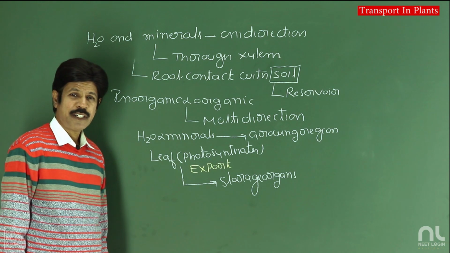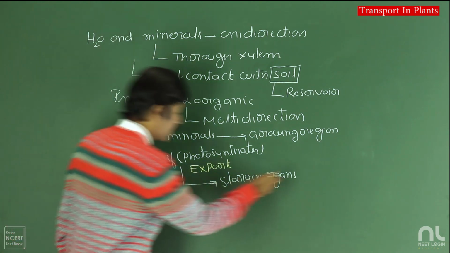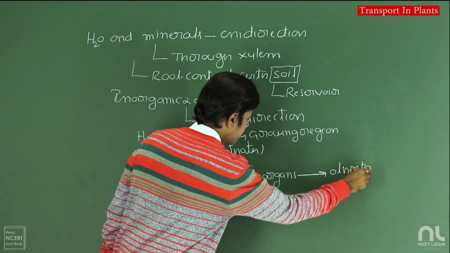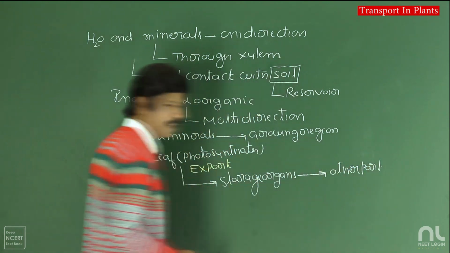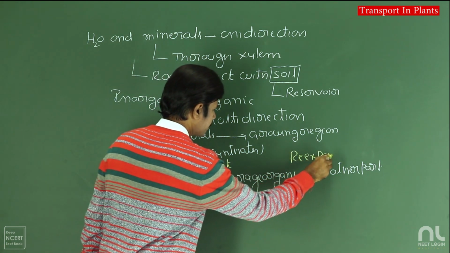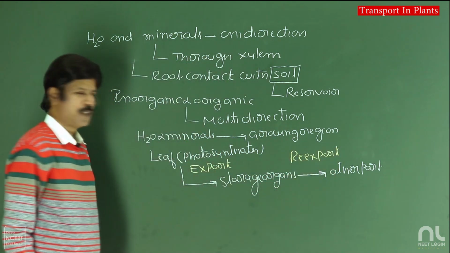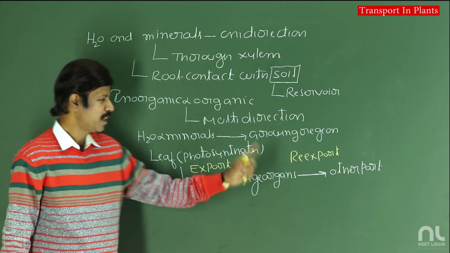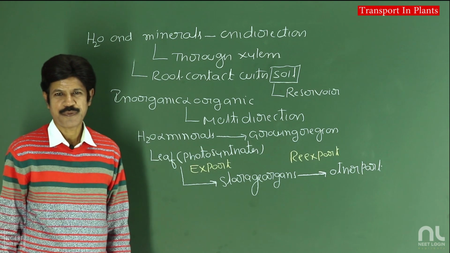Whenever there is a requirement to transport from storage organs to other parts, it is re-export. So leaf to storage organs is export, and from storage organs to other parts is re-export.